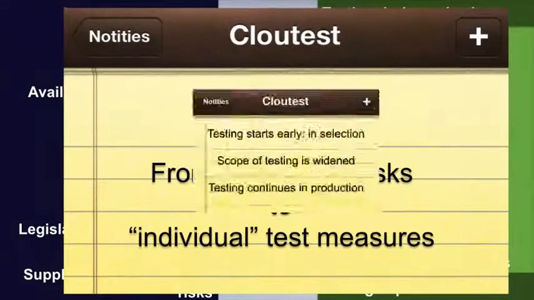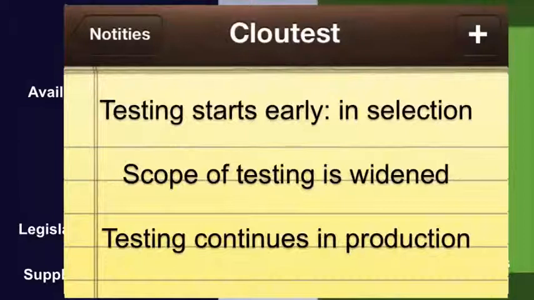And we also saw that testing starts early. Already during the selection phase, a number of risks needs mitigation. The scope of testing is widened. It's not only performance, functional, but many other activities. And testing continues in production.